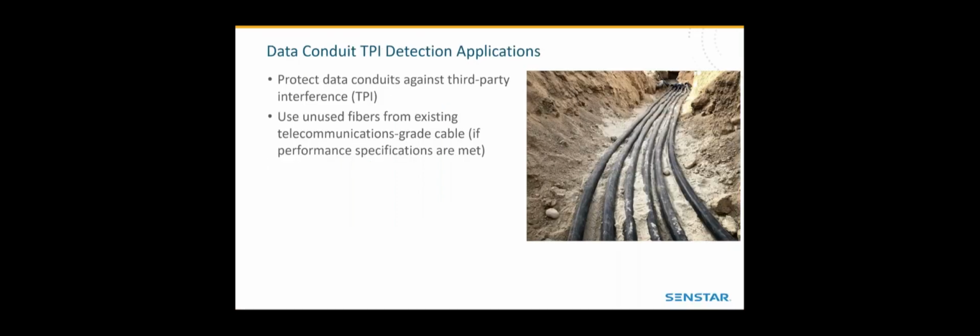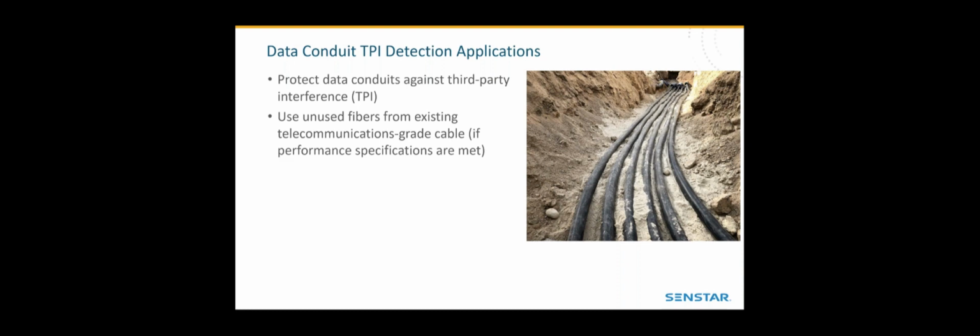We can protect data conduits. Again, there are some very, very critical data communication conduits in the world, and the criticality of that increases daily as people become more and more reliant on everyday high bandwidth communication to the cloud. We all want to move our stuff to the cloud, and that cable better not get cut or damaged that connects us to the cloud.